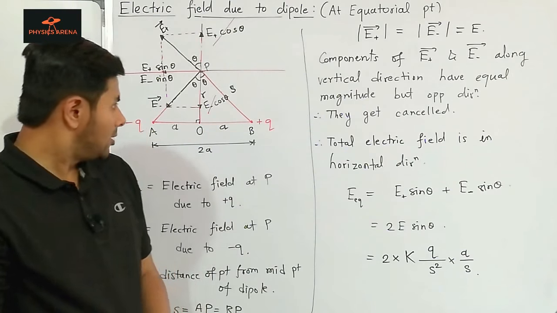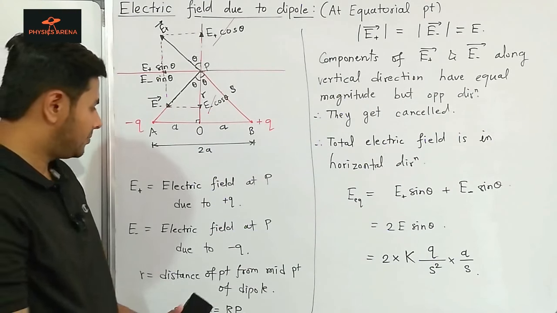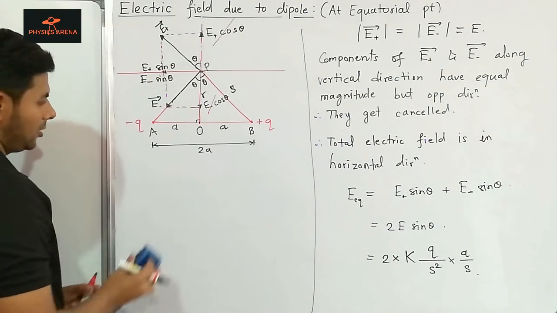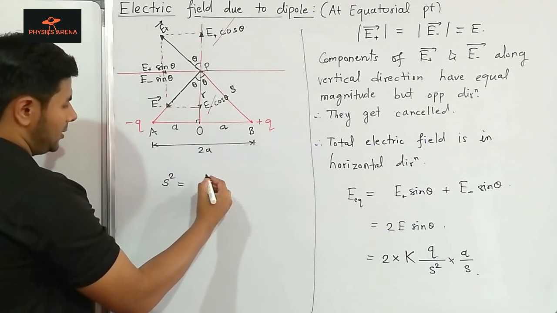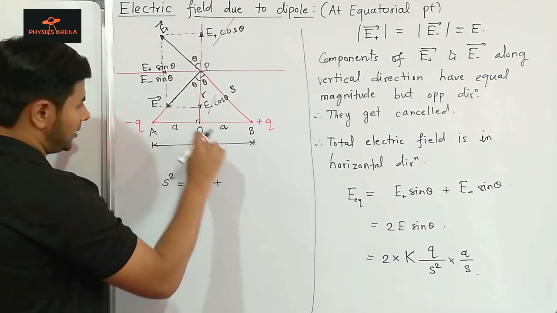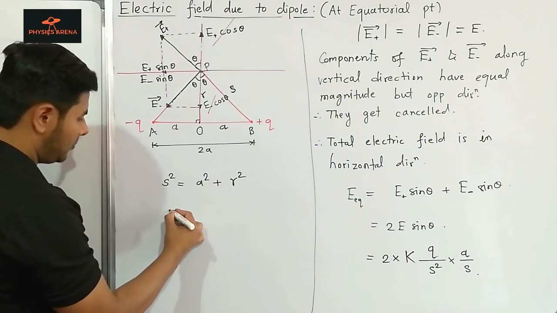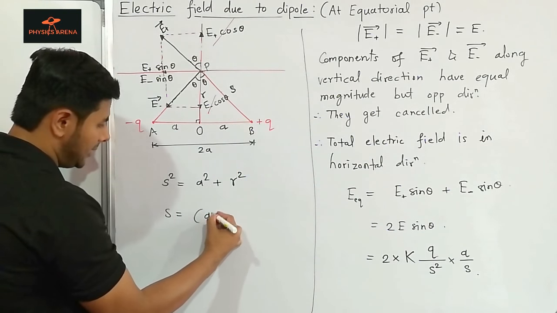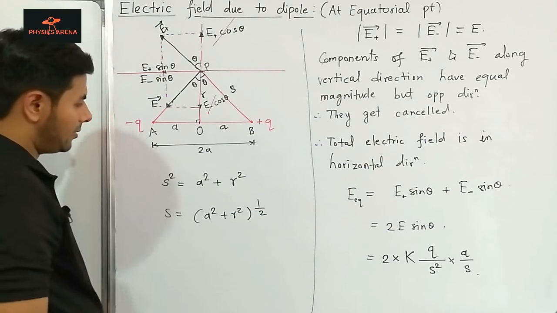Now, by Pythagoras theorem, we can find the value of S. So I can write S squared is equal to A squared plus R squared, and therefore S is equal to the square root of that, A squared plus R squared raised to half.